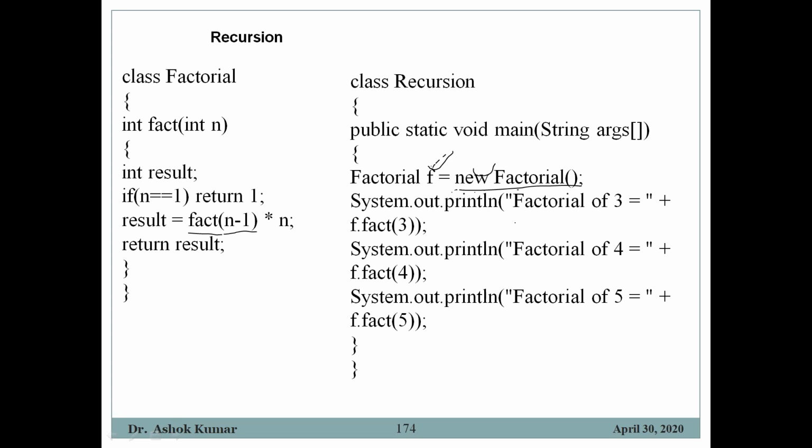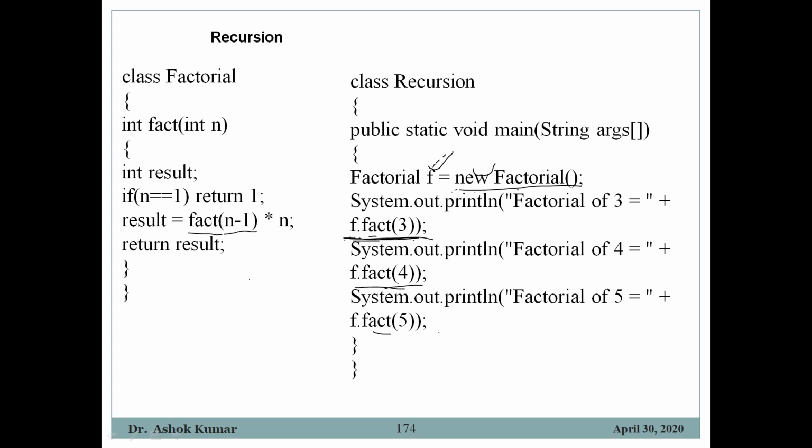In the next line, we are calling this fact function with 3. We will discuss just this line in more detail, because the rest of the lines in this main method are the same. The only difference is that we are calling this method fact with some different value. So let us discuss this f.fact step by step.